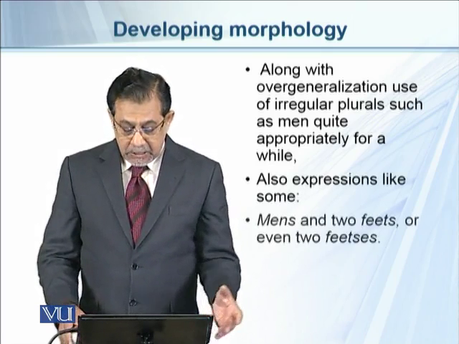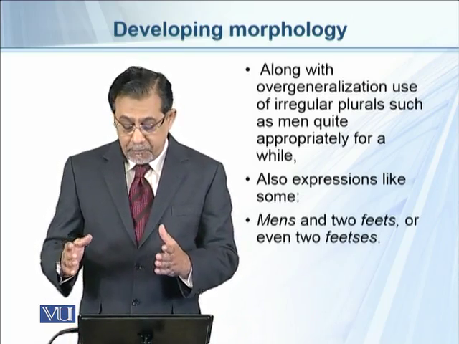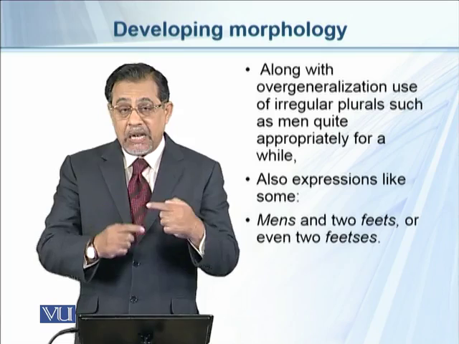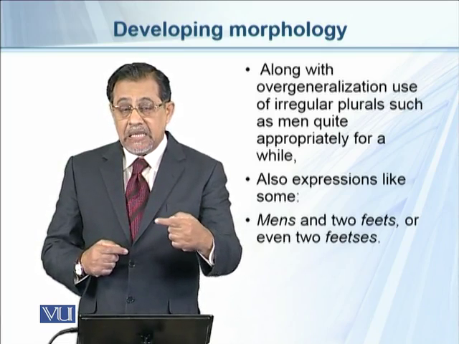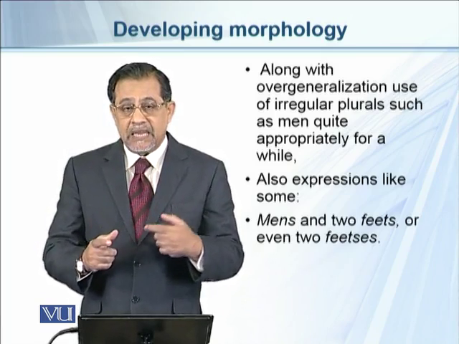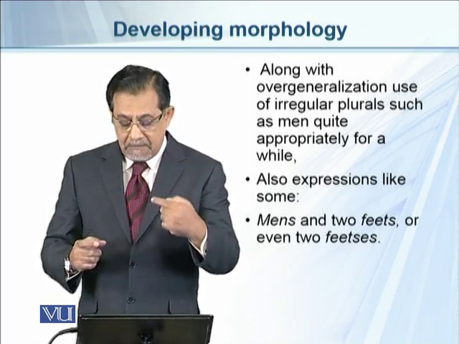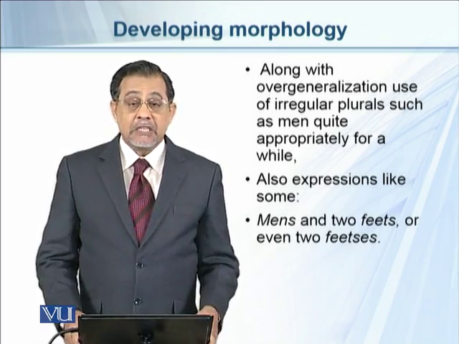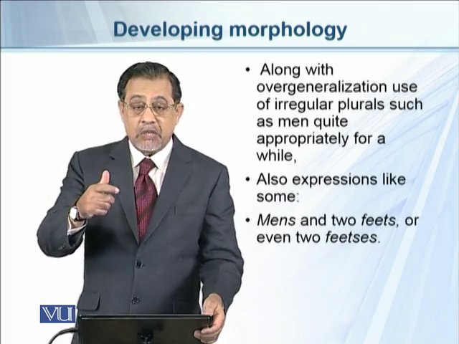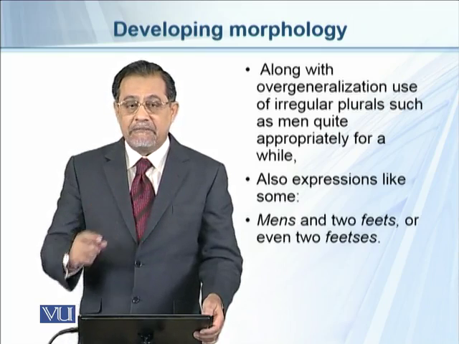So another expression like men and feet. Now in one way, the child has learned to make these irregular plural forms, but he still uses s, and foot is feet, and men is men's. So even such expressions are heard, two feetses. This is very strange, but this is one of the very important parts of the grammatical development of the child.